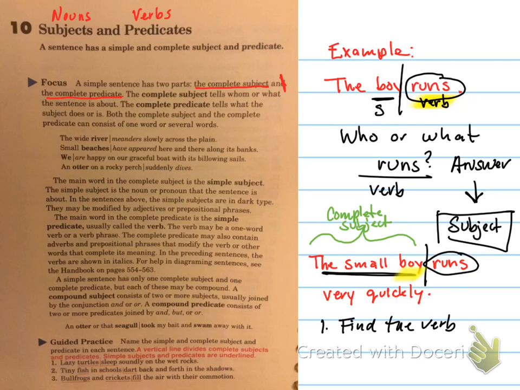Right here is the simple subject. So you might see it written like this. Right here is the simple predicate. This part right here is the complete predicate.